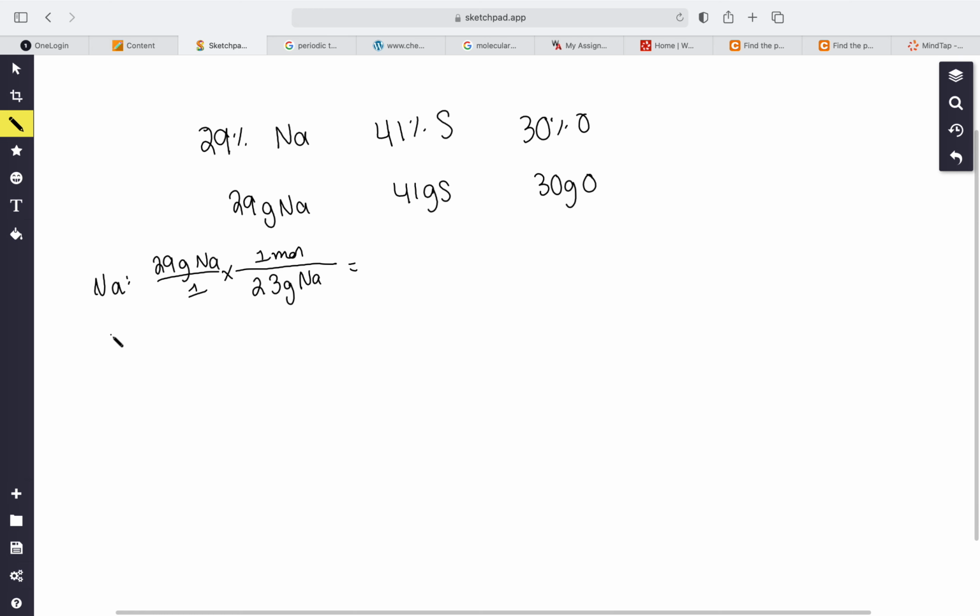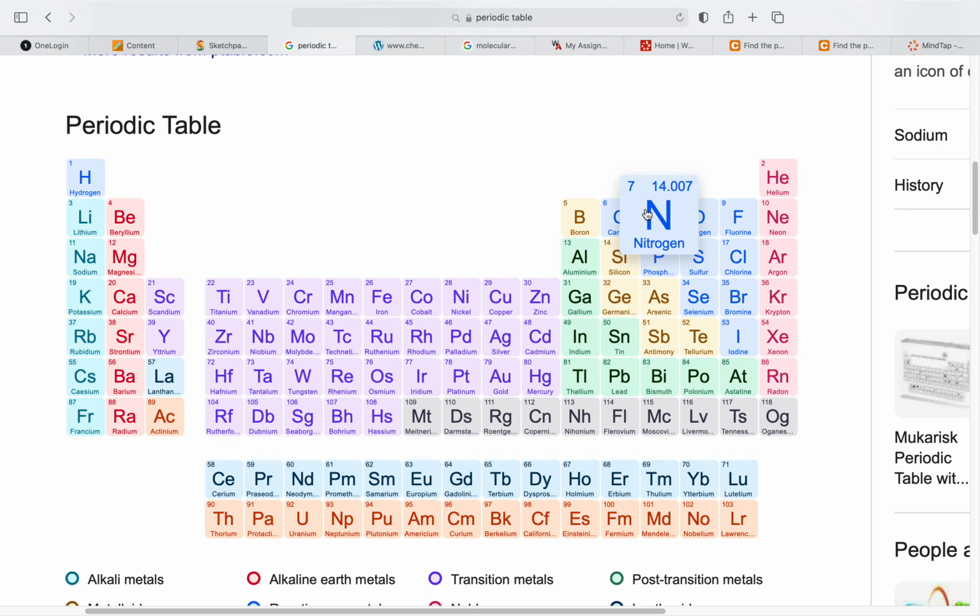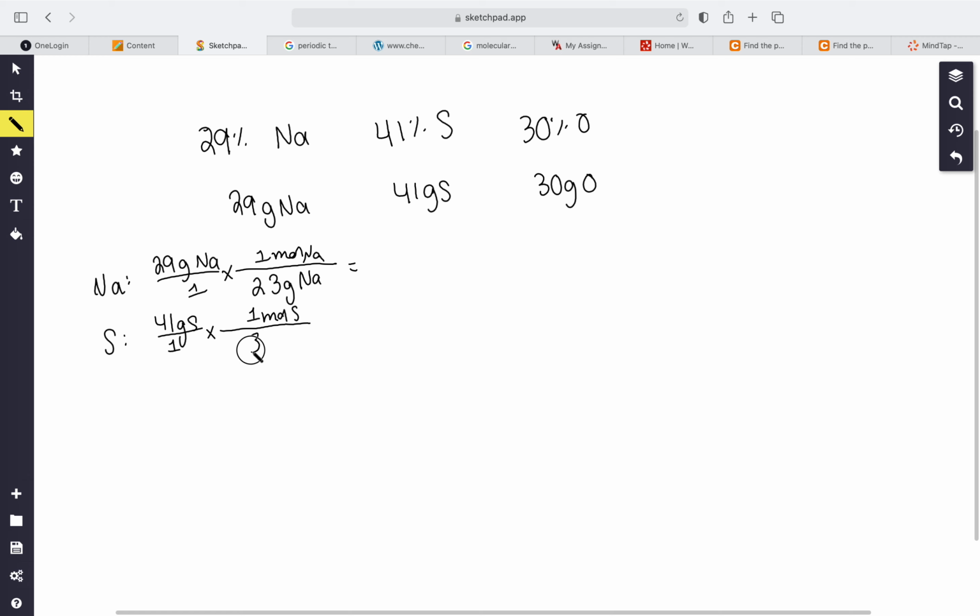So we get 41 grams of sulfur divided by 1 times 1 mole of S. Sulfur, never can remember, is 32 grams of sulfur. And then oxygen, we're looking at 30 grams of oxygen divided by 1 times 1 mole, and oxygen is 16 grams.